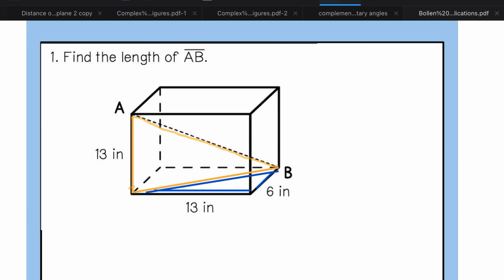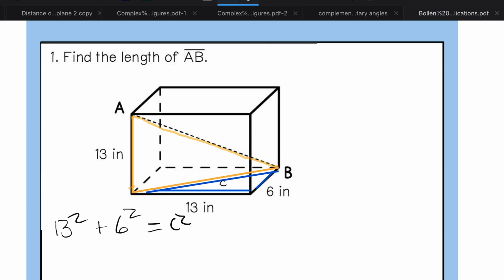So that B, this distance here, is C of this triangle, 3, 6, and 9, and it's going to be the B of this other triangle here. So you have 13 squared plus 6 squared equals C squared.